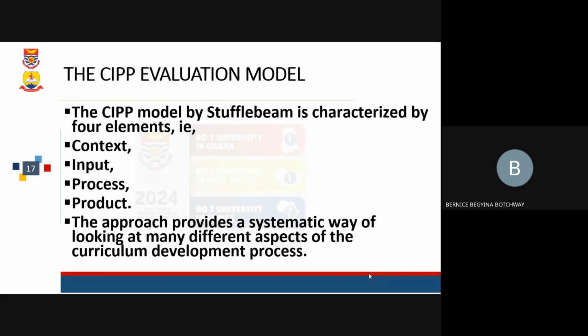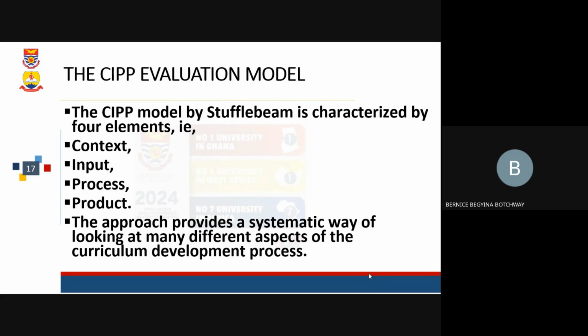At the context evaluation, this stage assesses the needs, the problems, the assets and opportunities within a defined environment, and this will determine our goals or priorities for the program. The question here is what needs to be done. At the inputs, what should be done? Here we identify potential strategies or resources that will help make sure that the curriculum we have designed is really effective.